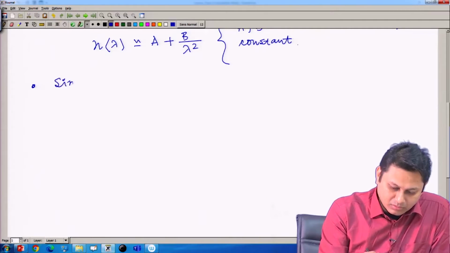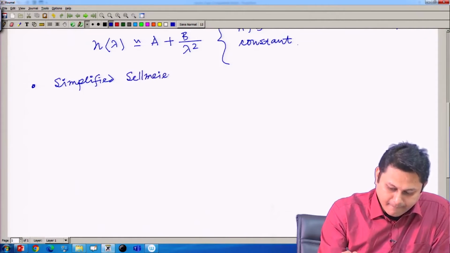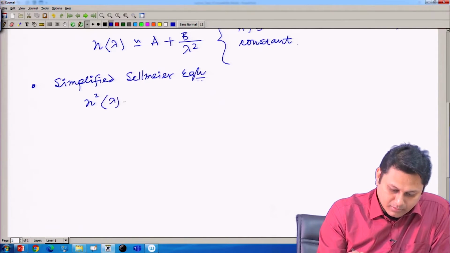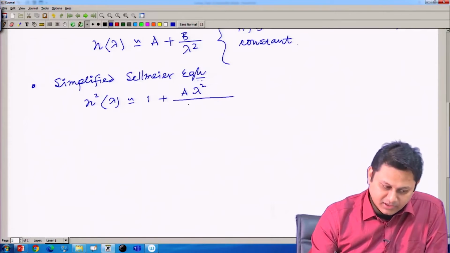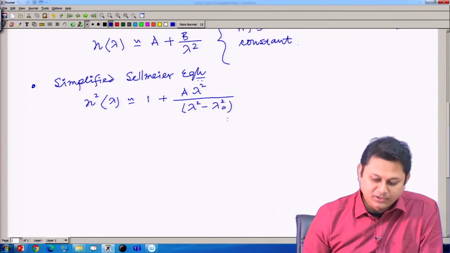The simplified Sellmeier equation is something like this. Taking only the first term in the summation, I can write the expression in this way.